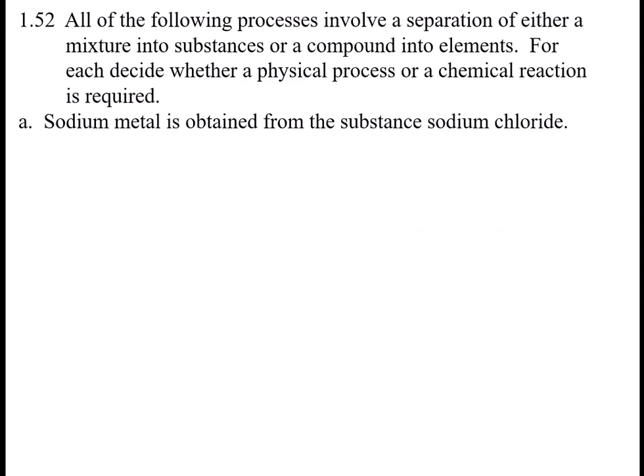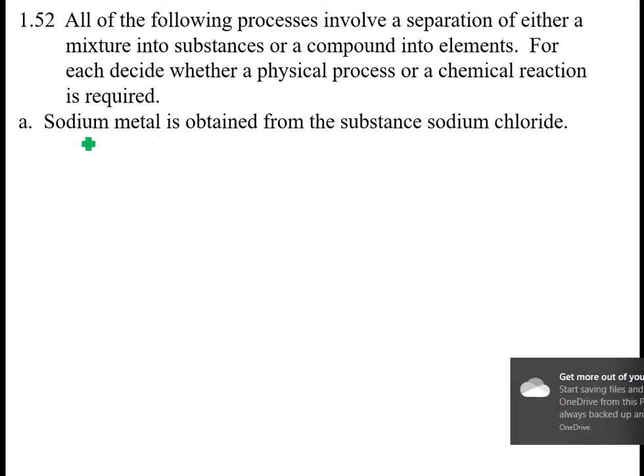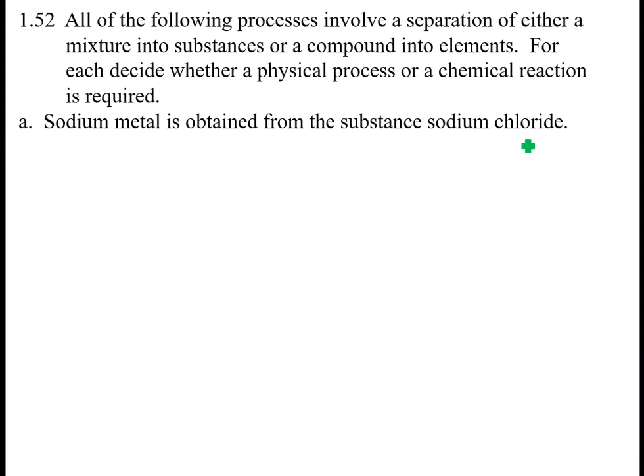So here's some problems. The following processes involve a separation of either a mixture into substances or a compound into elements. Decide whether each is a physical process or a chemical process, meaning a chemical reaction is required. So if I have sodium metal from sodium chloride, sodium is an element, and sodium chloride is a compound.